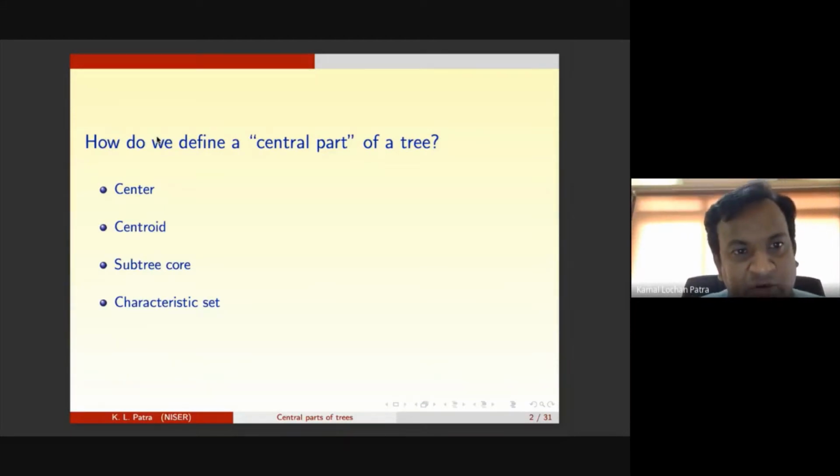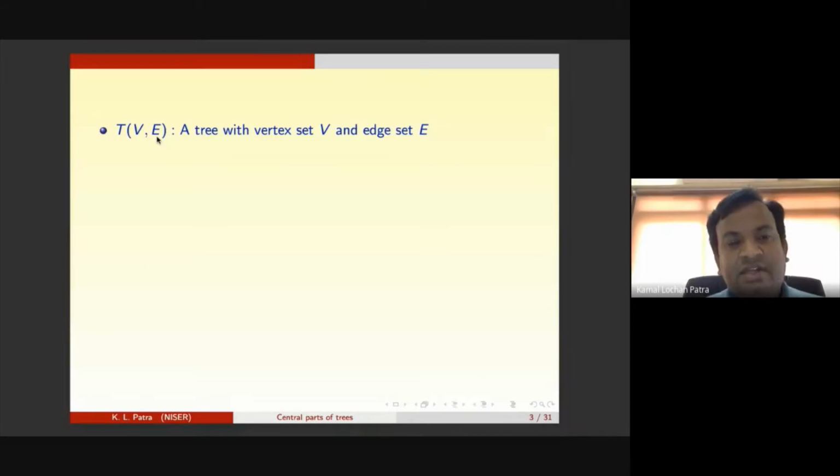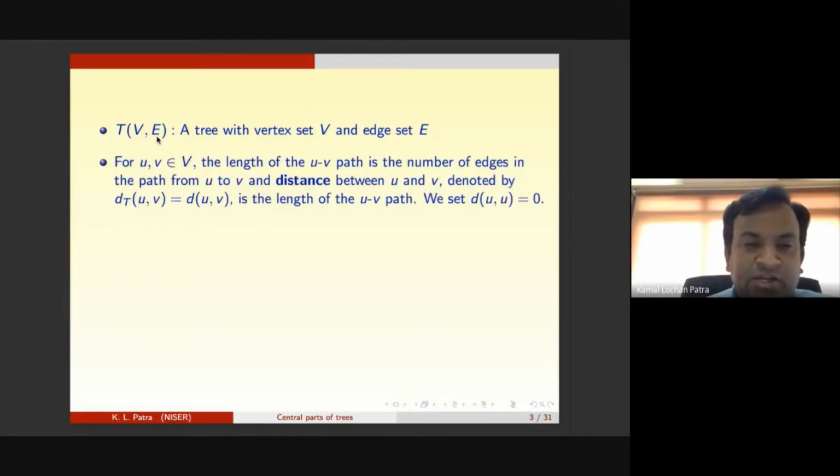So let me start with how to define the center of a tree. For that, you take any tree T on n vertices with vertex set V and edge set E. For any two vertices u, v, generally we define the distance between u and v in T as the number of edges in the path from u to v. We set the distance between u and u equal to 0.